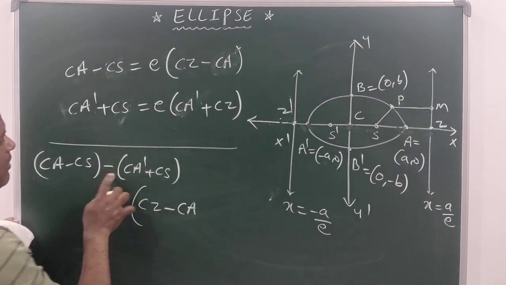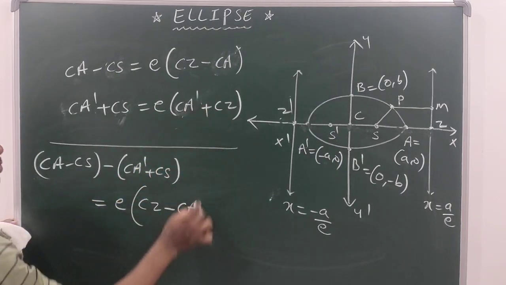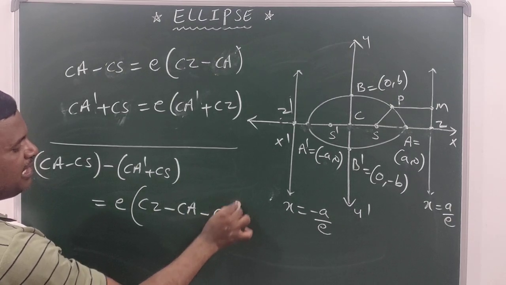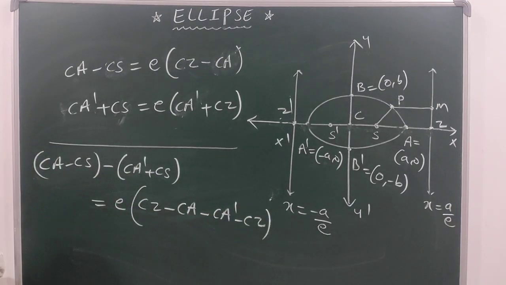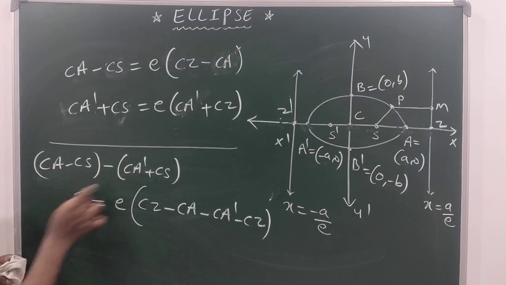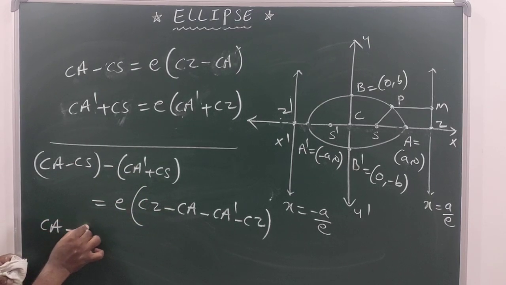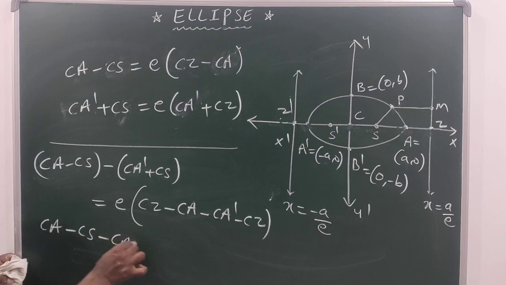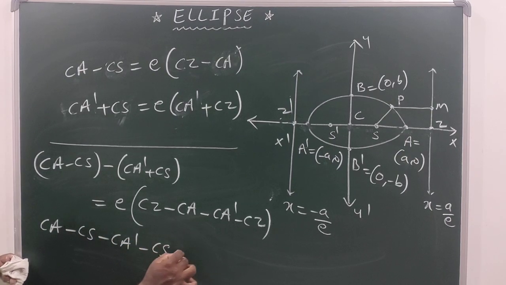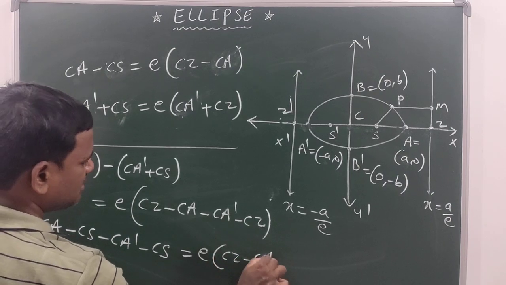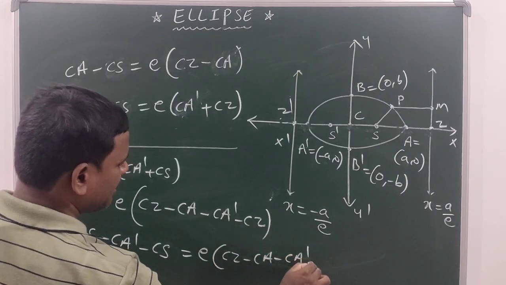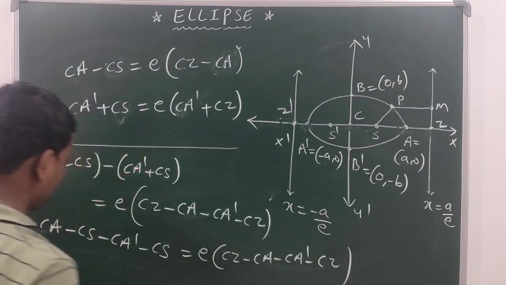While subtracting, we have to change the signs, so here minus CA dash minus CZ you will get. Now simplify this. When you open the brackets, signs will change: CA minus CS minus CA dash minus CS, which is equal to E of CZ minus CA minus CA dash minus CZ.